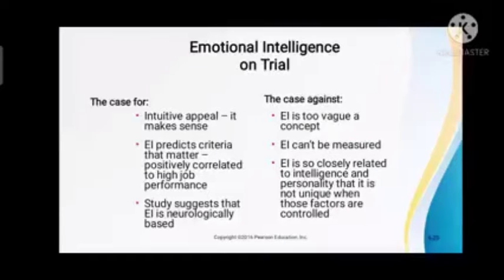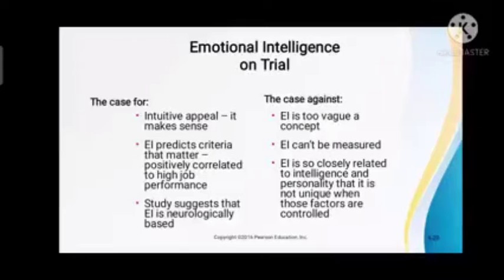However, the jury is still out on the role emotional intelligence plays in effectiveness in organizations. The case for emotional intelligence is based on the fact that it makes sense and appeals to our intuitive thinking. It tends to predict things that matter and are positively correlated to high job performance.